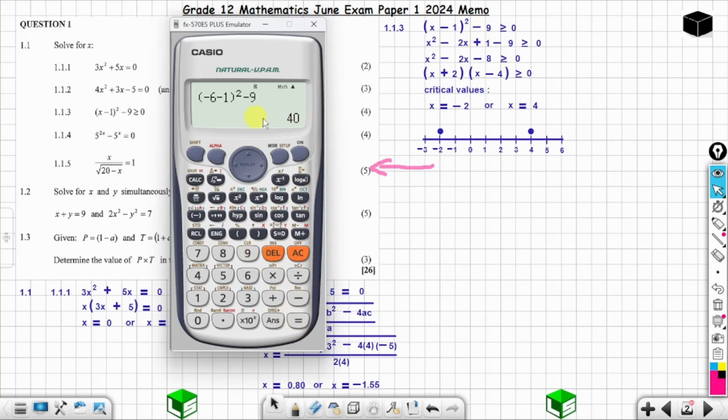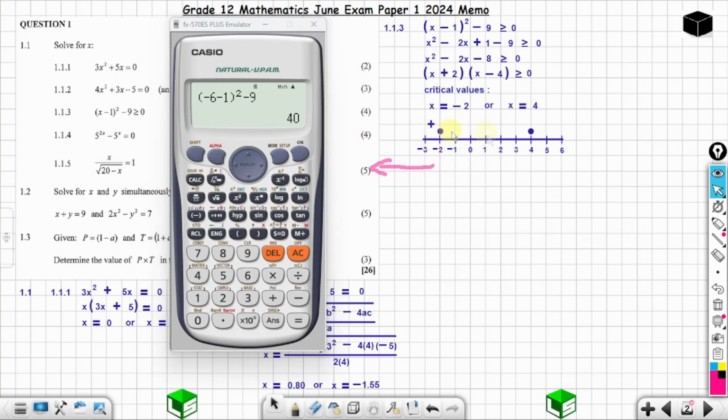You have a positive answer. You don't need to use a calculator. All you want is to find if the answer is going to be positive or negative. So we have a positive answer if we use any value less than negative 2. You have positive on this side.